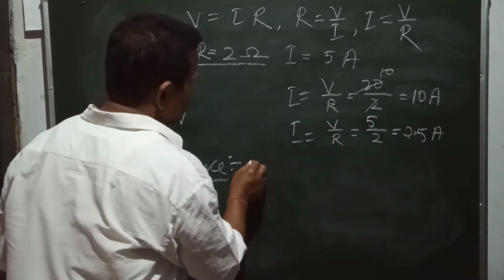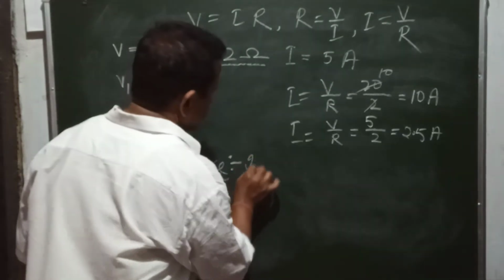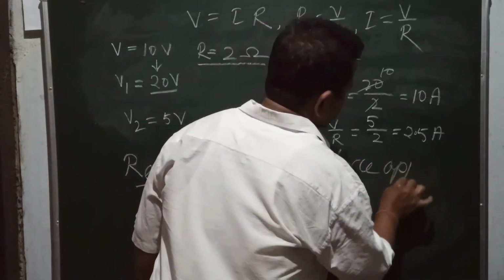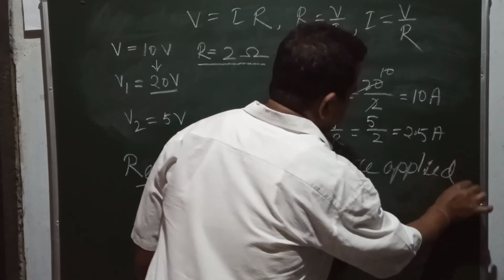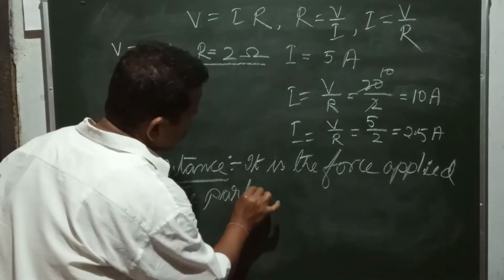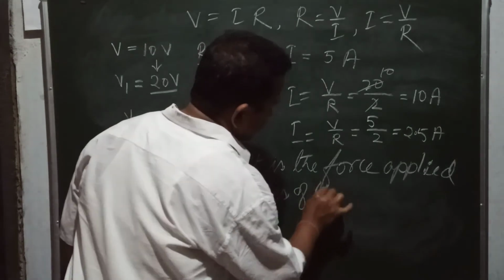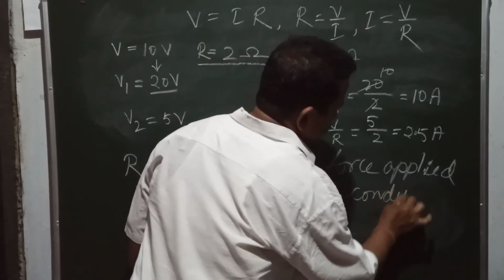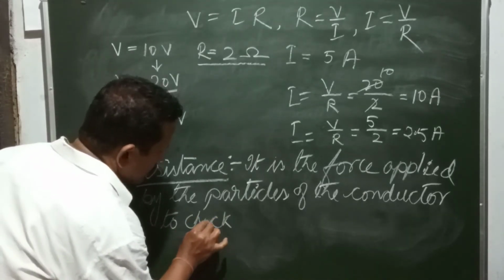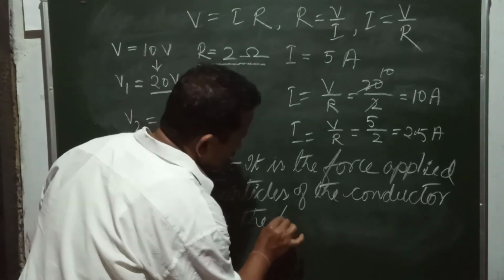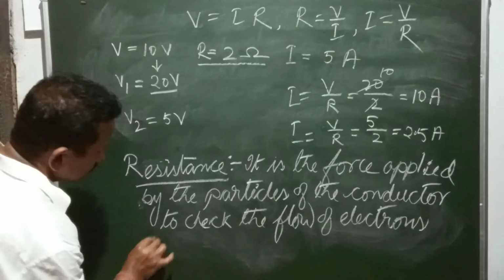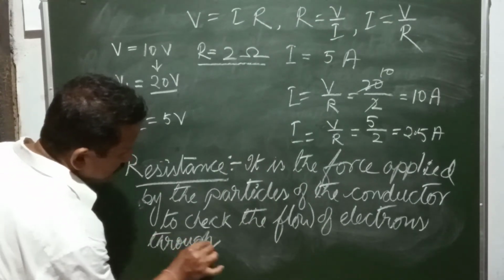Resistance, very simply to make you understand, it is the force applied by the particles of the conductor to check the flow of electrons through it.